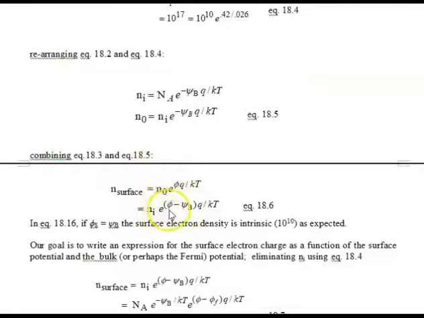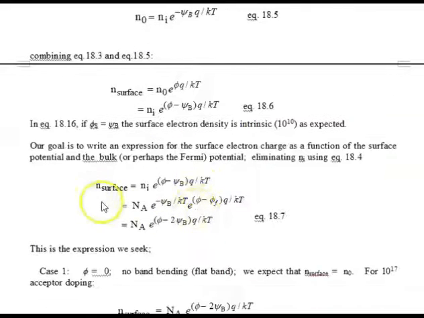Here. However, if phi is greater than phi b, in fact, if it's 2 phi b, then I will have an N_A. And that's what we show here someplace. Okay, now right here, if phi is equal to 2 times the bulk, then I will have basically Ni, 10 to the 10th, multiplied by e to the 0.42 divided by kT.